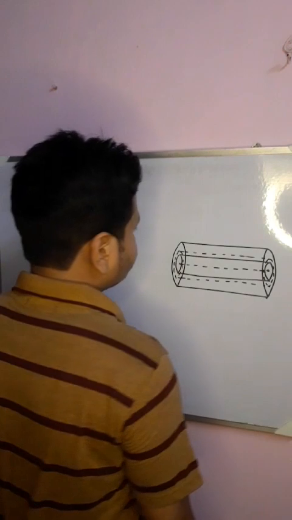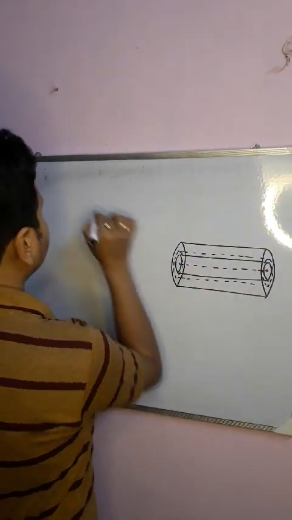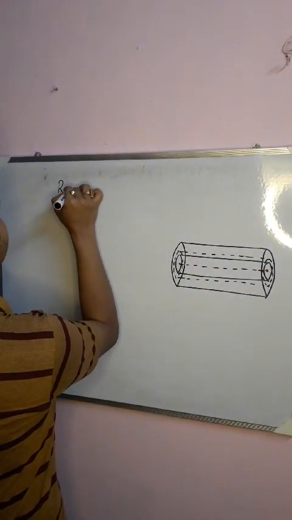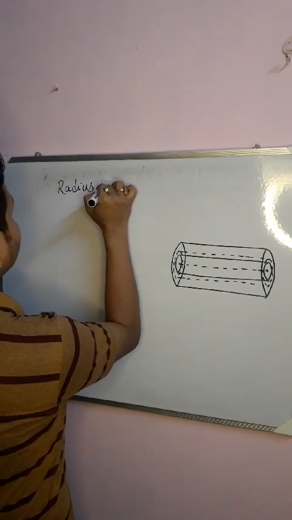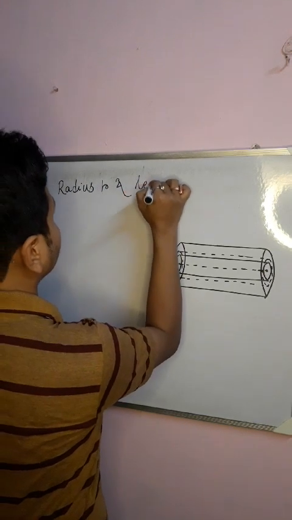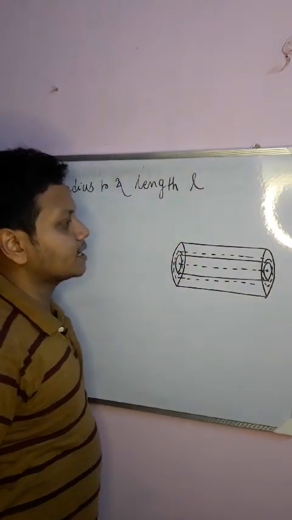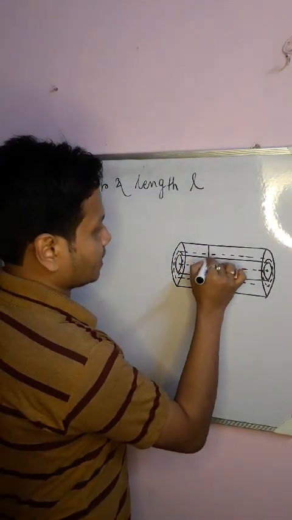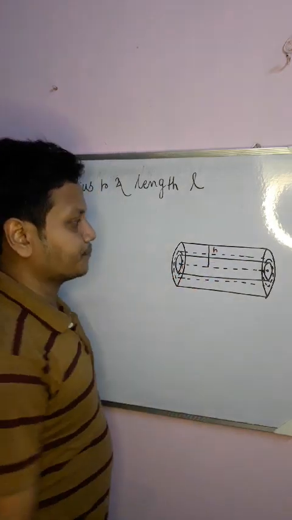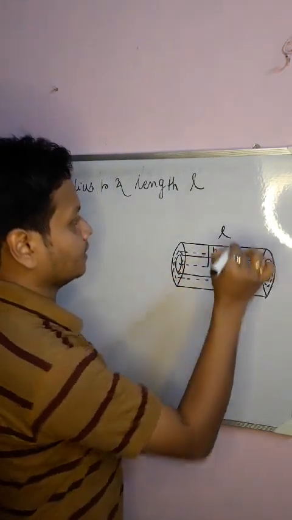Say this is a cylinder of radius r and length L. That means this is r, and this length is L.